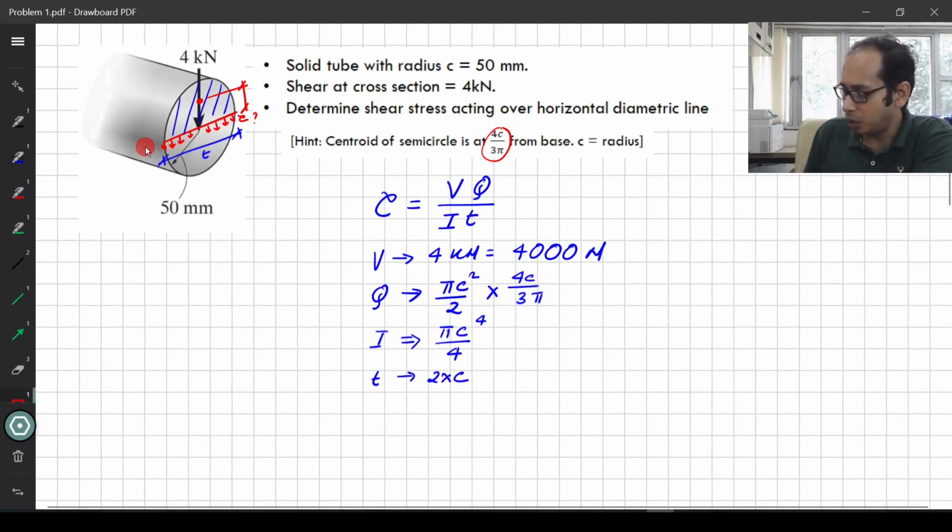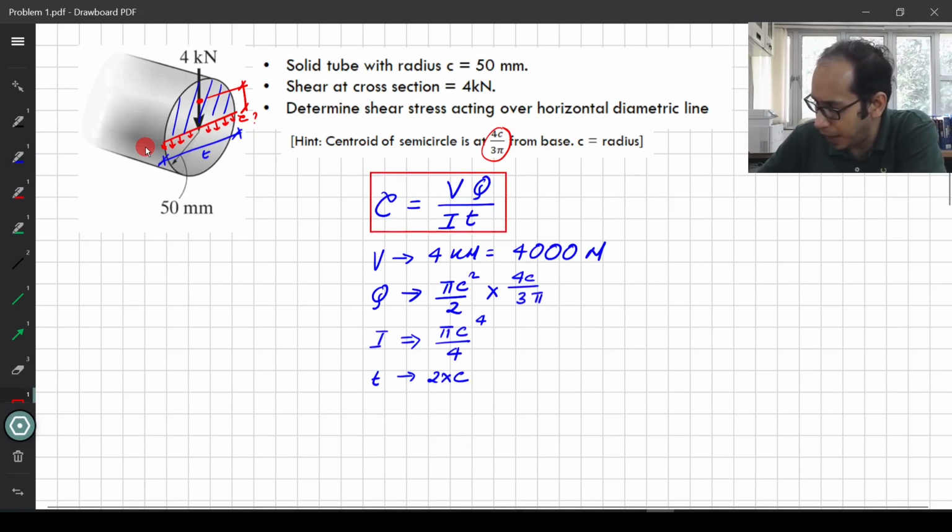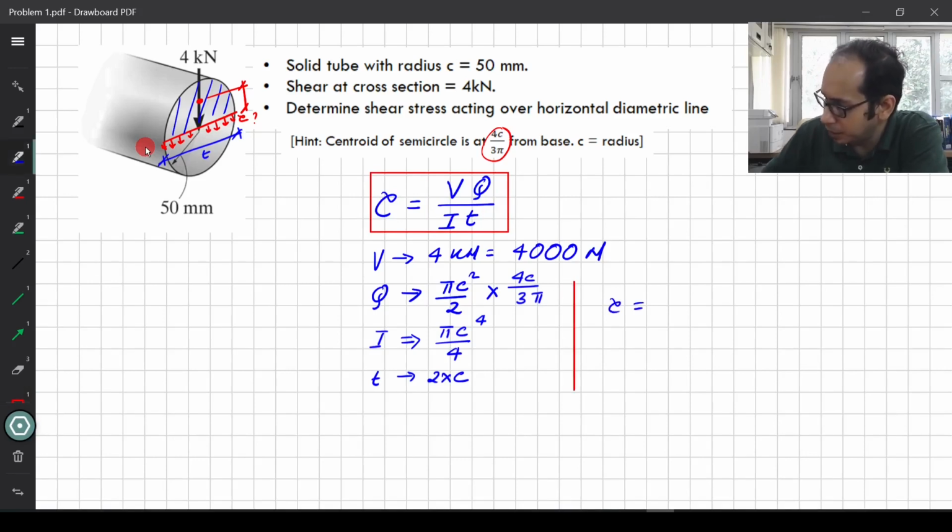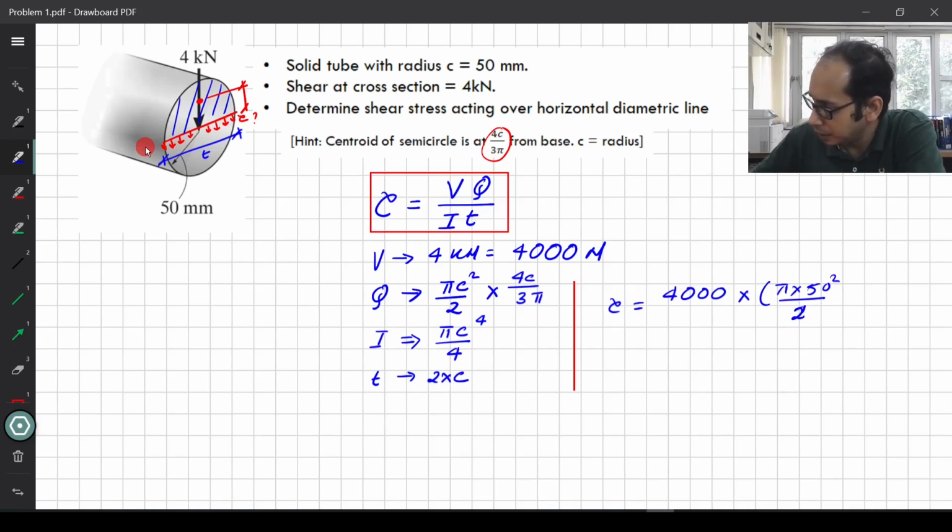If you take all of these and plug them back into the formula, your tau becomes 4000 times pi times 50 squared divided by 2, times 4c by 3 pi, so 4 times 50 divided by 3 pi.